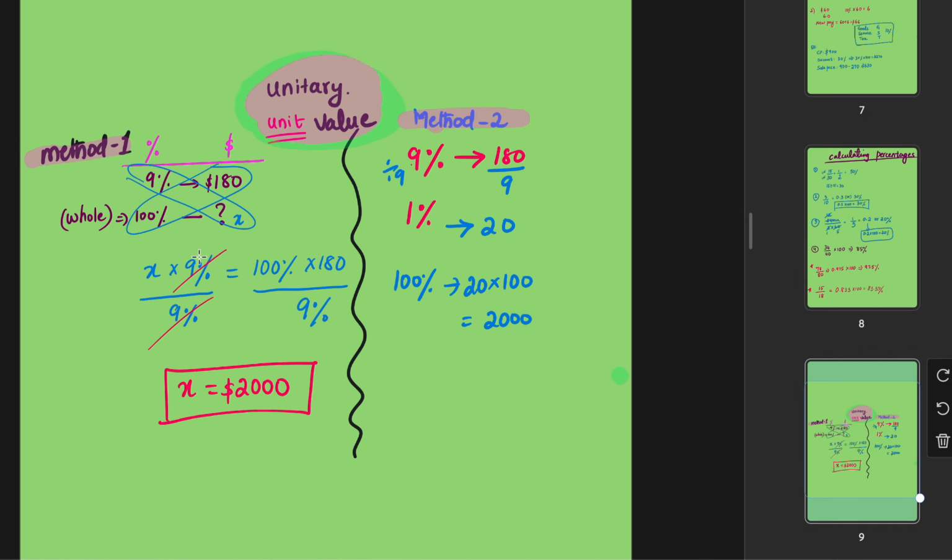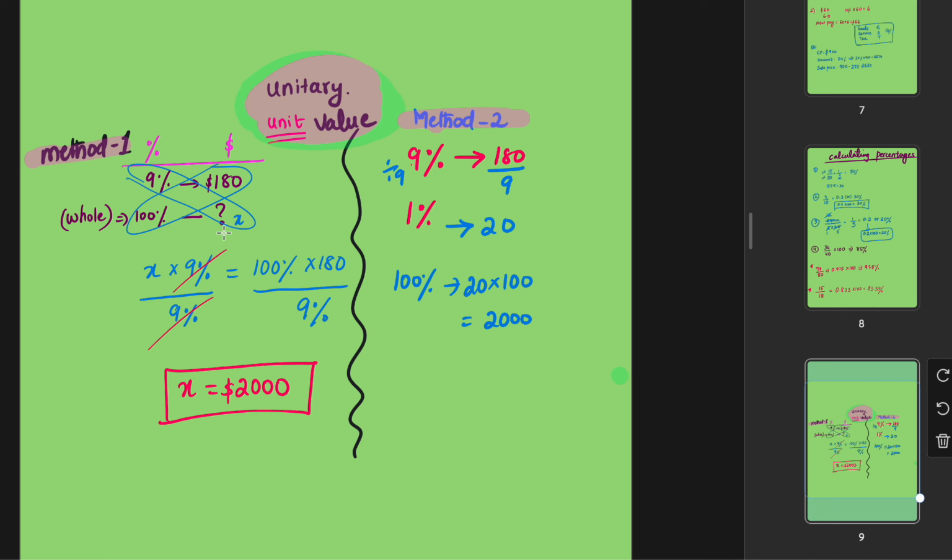Now, the unitary method of finding values is very important. In this example, I'm showing you two different methods to get to the answer. 9% value is equal to $180. So if 9% is $180, what is the original price?